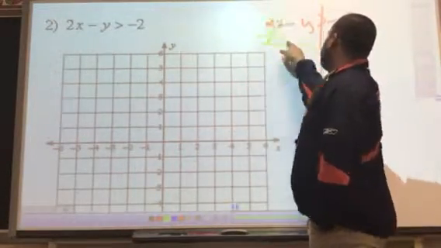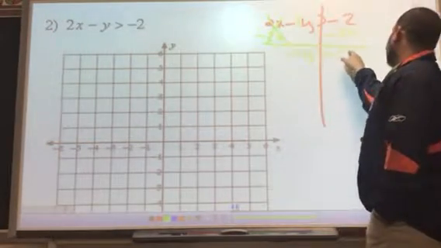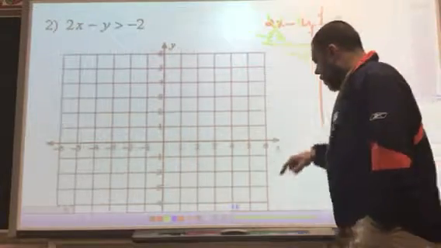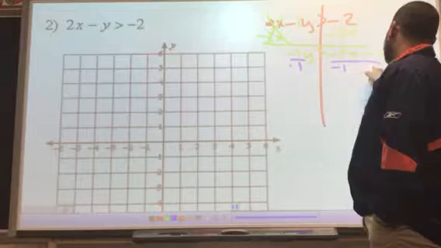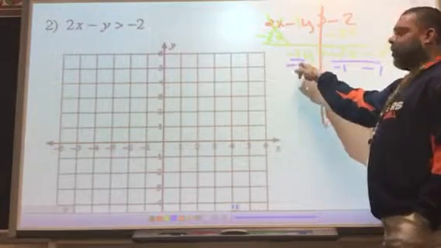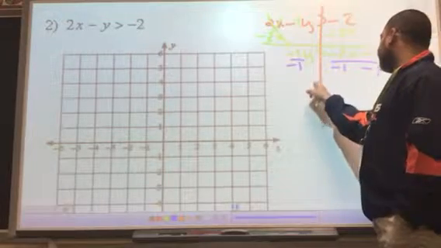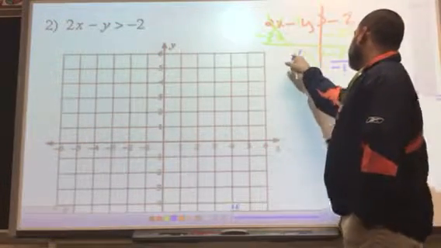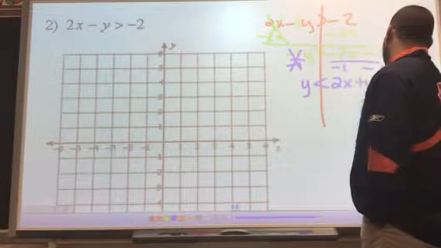That's 0 on the left. Now this is a negative 1y equals negative 2x minus 2. Finish it. Divide everything by negative 1. Now, I just divided everything by a negative, so I can't forget that I have to flip my inequality. I'm going to get y is less than positive 2x plus 2.